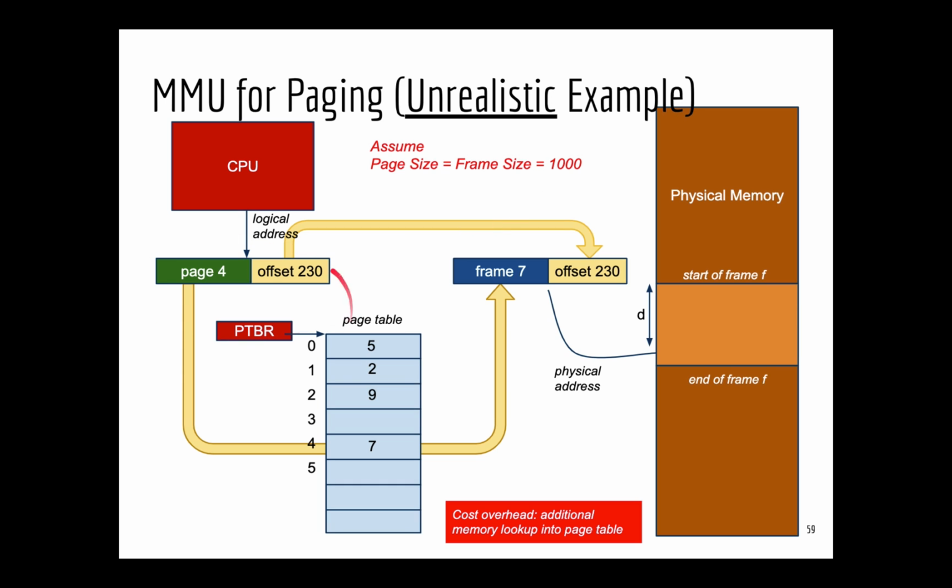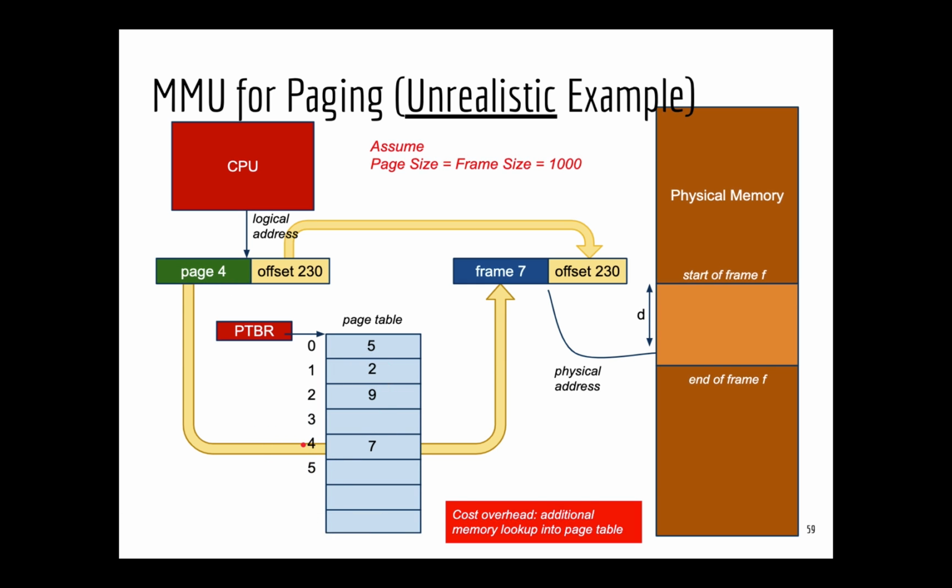Assuming the logical address issued by the CPU is page 4 offset 230, so technically the logical address is 4230, and the MMU hardware will use the page number as an index to the page table.